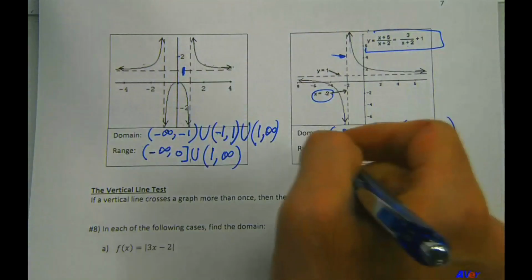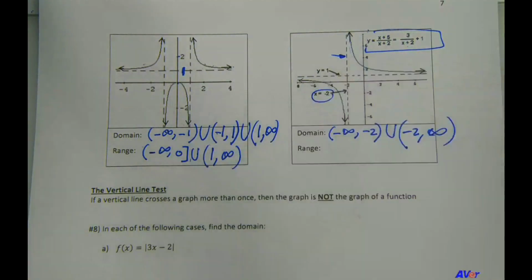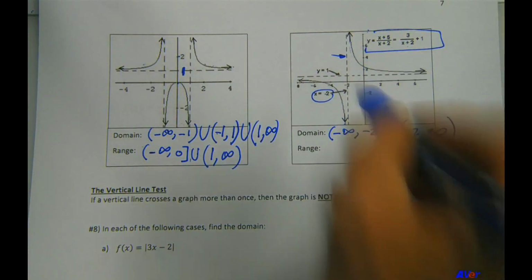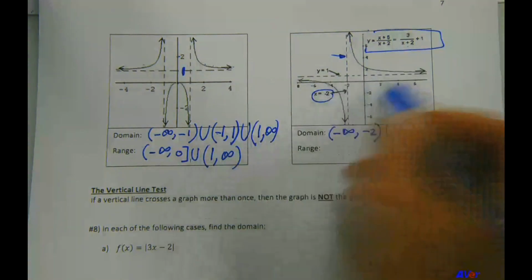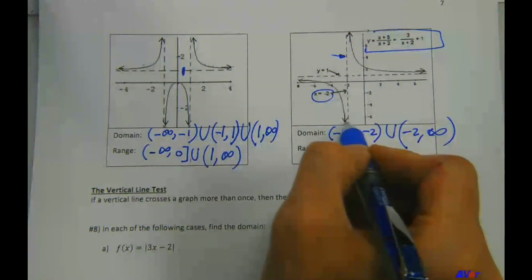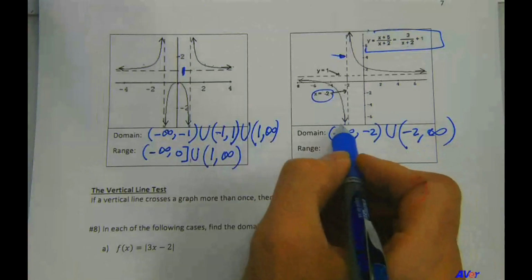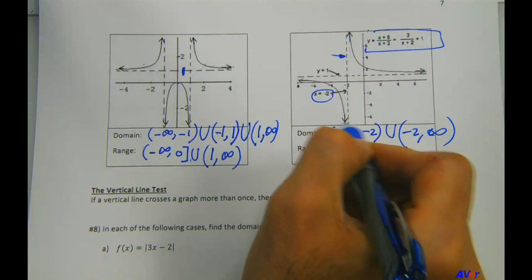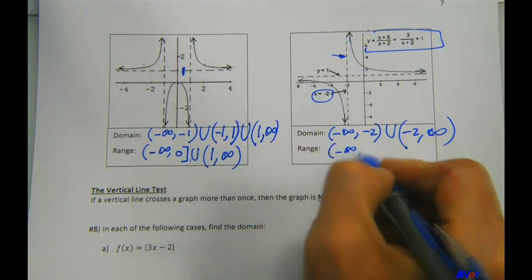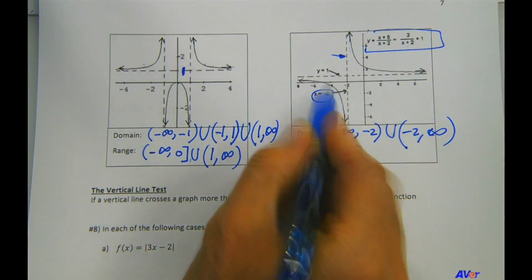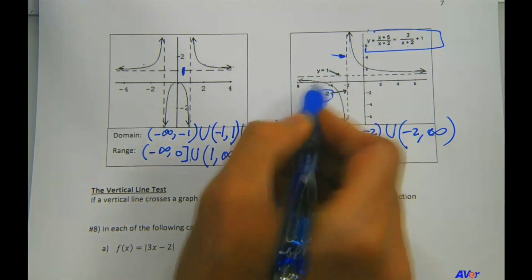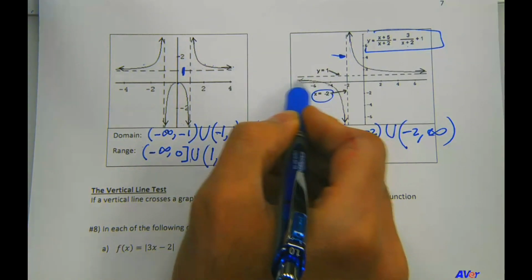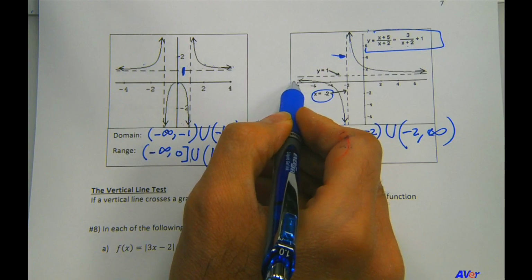How about range? Well, you look at the behavior of these two pieces with respect to the y-axis. So look at this piece. With respect to the y-axis, what is it doing? It's coming up from negative infinity, and it's curving. So it's approaching some y value that it doesn't seem to like to cross.